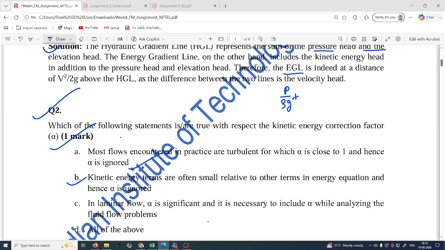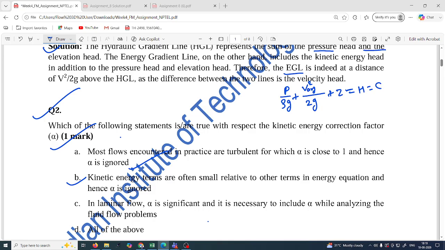So now let us consider the Bernoulli equation: P by rho g plus V square by 2g plus z is equal to the total head, or you can say a constant if you take it at two points. This V is the average velocity, remember please.